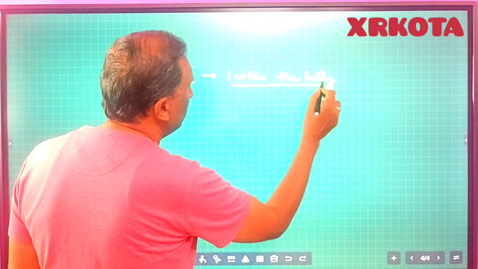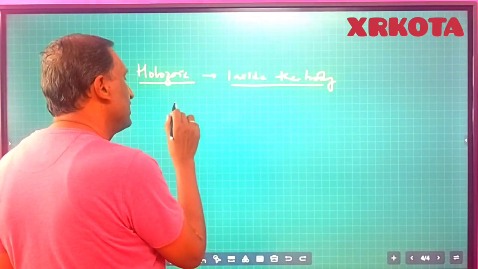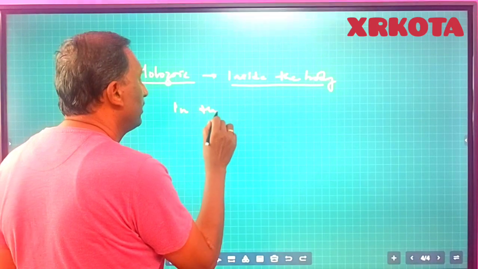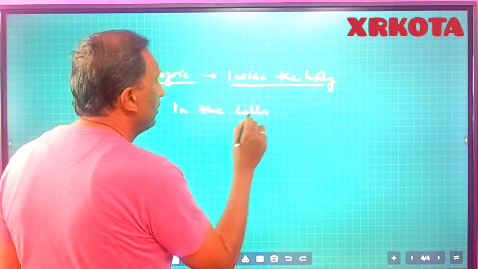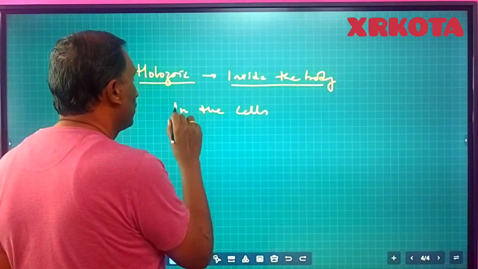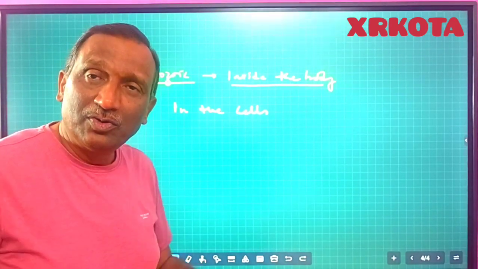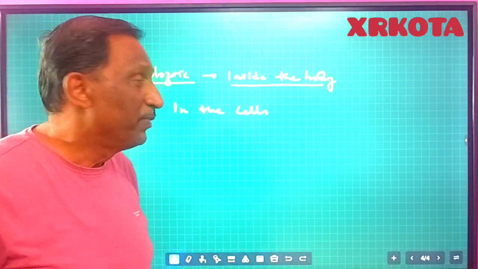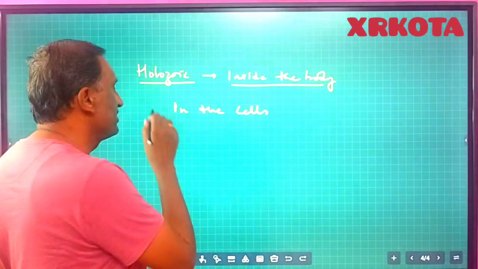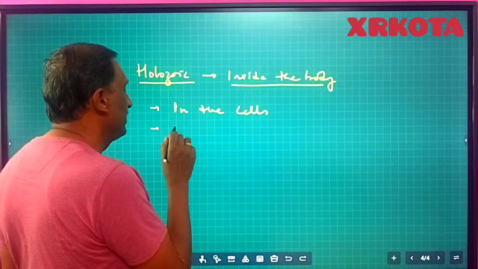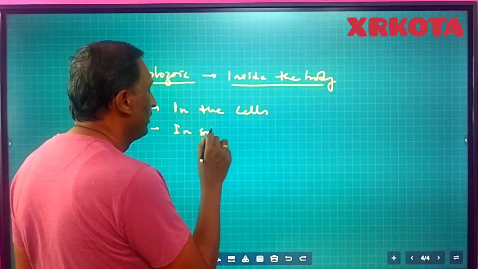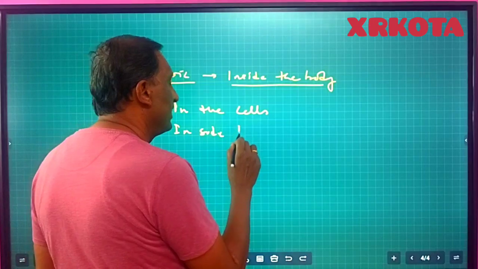Inside the body also, it can take place in the cell, like in all the unicellular organisms like amoeba, paramecium, euglena and all. They have everything together in one single cell, so they will be digesting it inside the cell, or inside the digestive system.